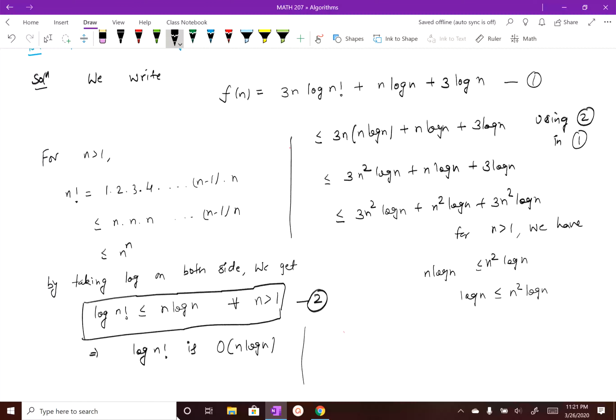So we'll use this inequality here as well as here.